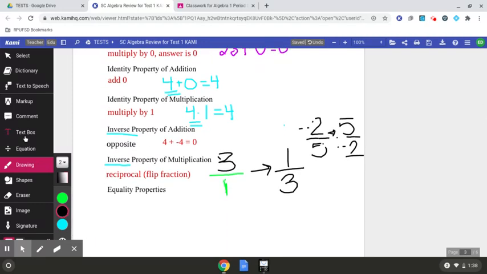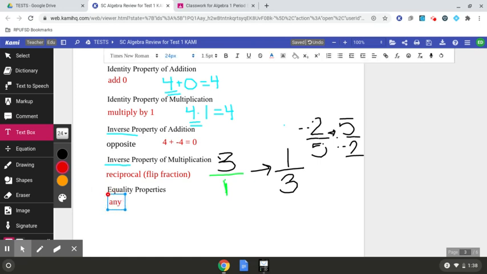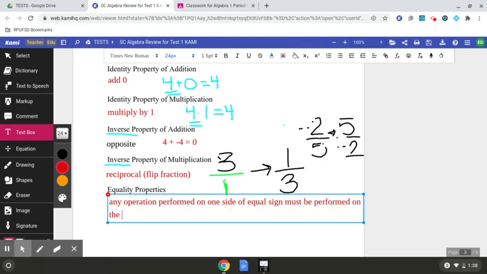Okay, so next is my equality properties, and those are the properties we talked about on Friday. So the equality properties state that any operation performed on one side of the equal sign must be performed on the other.